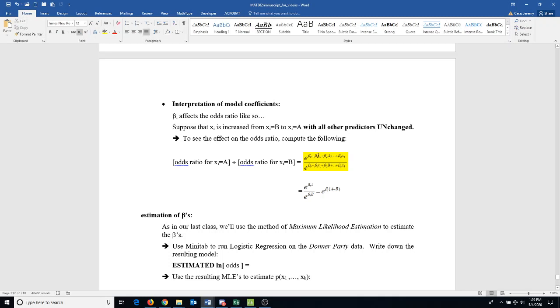It looks like the odds ratio for x with A in it and the odds ratio for B in it, and all these other exponentials cancel out. The great thing about the exponential function is we get the exponential of beta_i times (A minus B). And so that gives us some sort of measurement of how we could express the change if we change our predictors, like change in year or change from male to female or whatever.